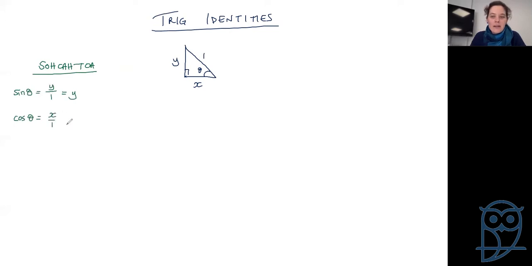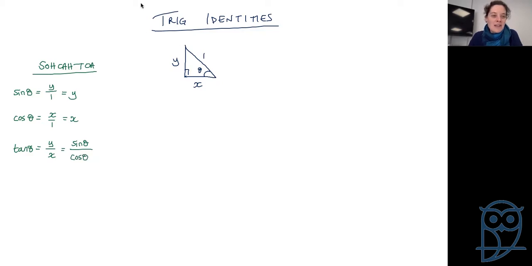So x over 1, and that is the same, of course, as x. What would tan theta be? Tan theta would be opposite over adjacent. So y over x. But we've just said that y is exactly the same thing as sine theta, and x is exactly the same thing as cos theta.